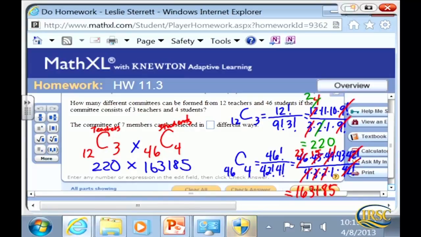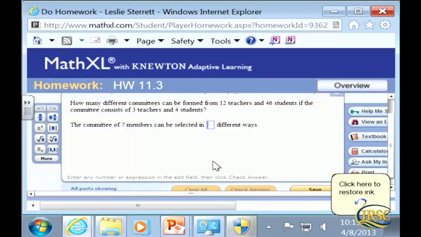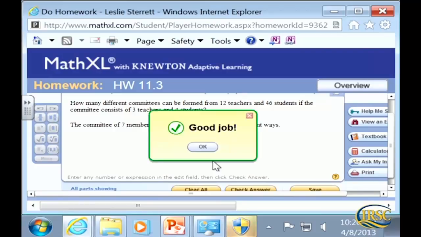And now the last step is to go ahead and multiply these 2 answers together. Okay, 35,900,700. Everybody agree? All right, so 35,900,700. Good job.